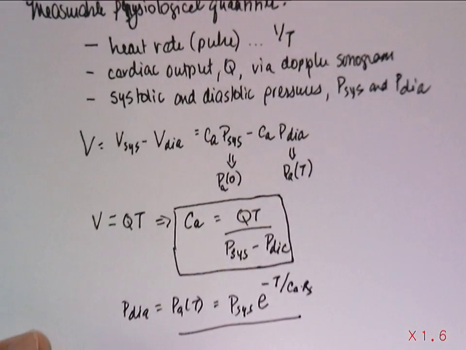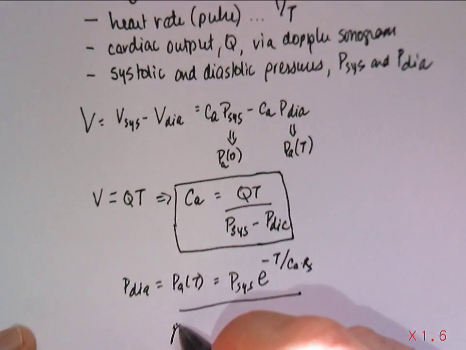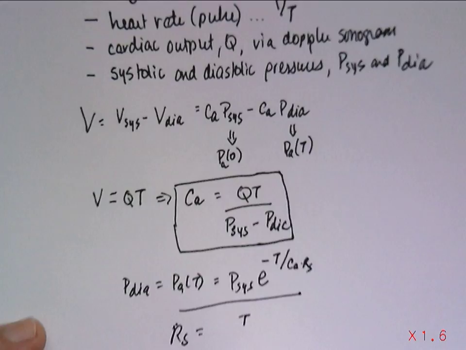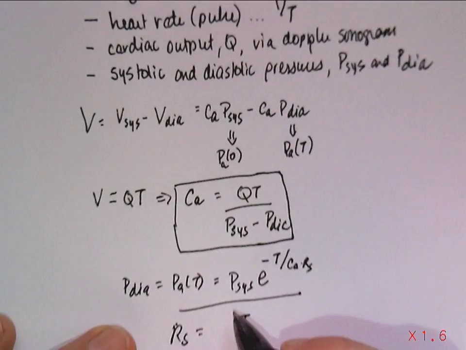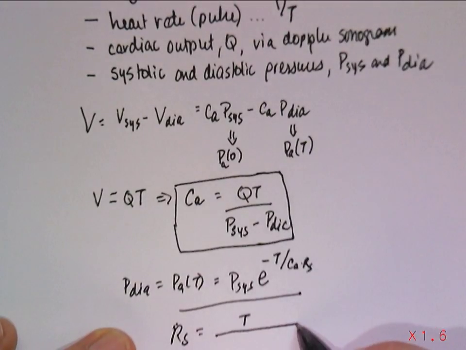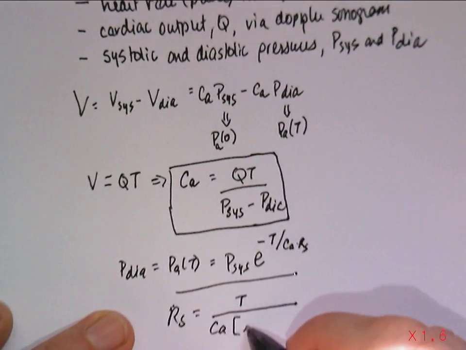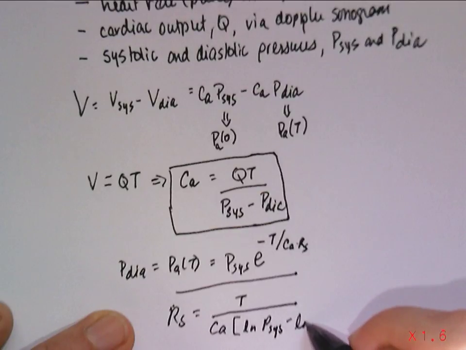So, having done that, solve for the resistance there, and what you would come up with is that the resistance would have to be T, again, the length of the heartbeat, divided by the compliance times the natural log of your systolic pressure minus the natural log of your diastolic pressure.